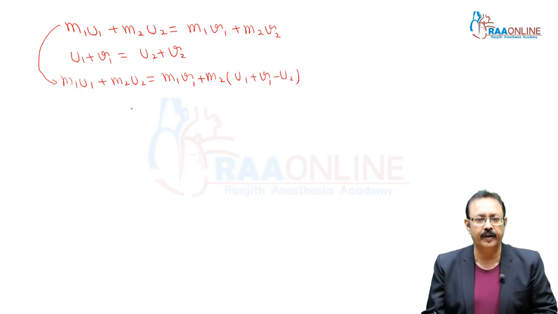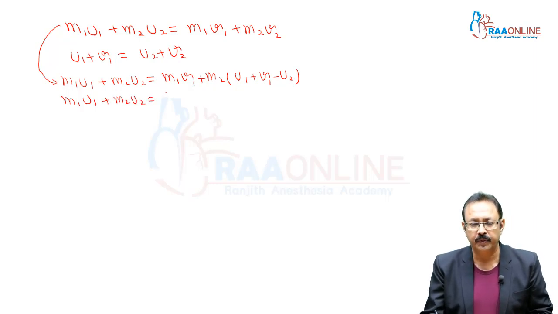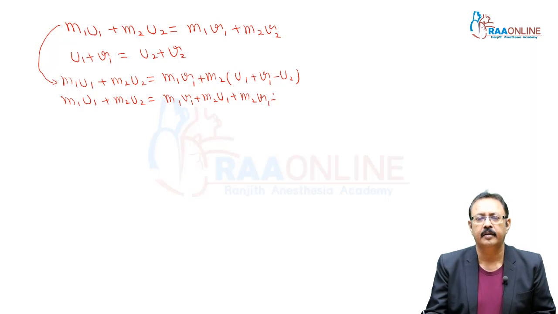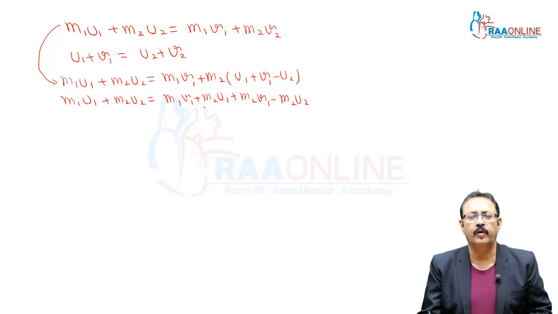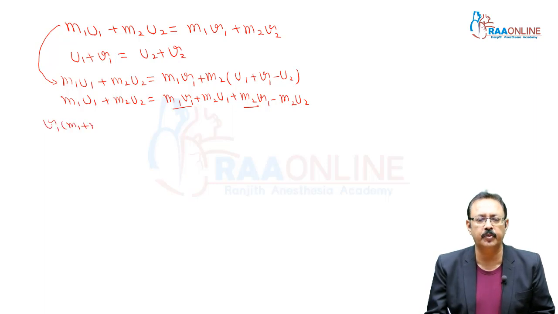So see what I am getting now. m1 u1 plus m2 u2 is equal to m1 v1 plus m2 u1 plus m2 v1 minus m2 u2. So now, taking v1 common on this side, m1 plus m2.